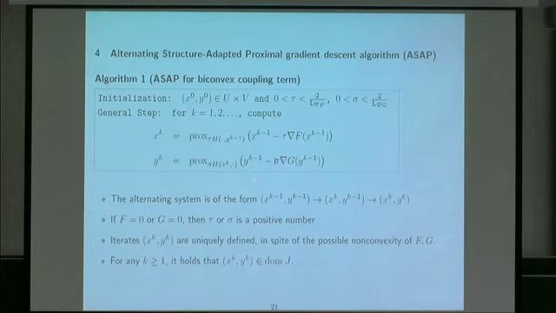We take the proximal with respect to h at the point x k, and then at the current point, which is easy to find. The iterates are uniquely defined for all n.